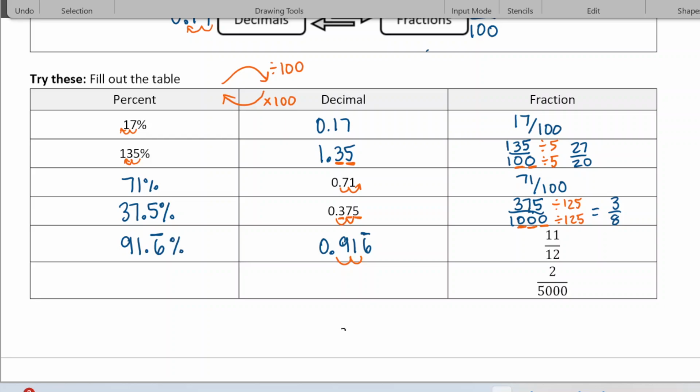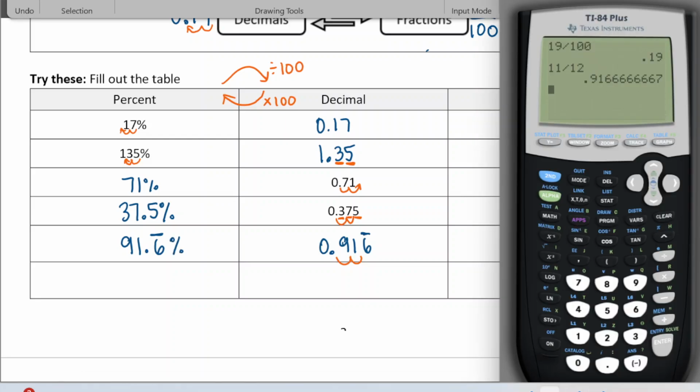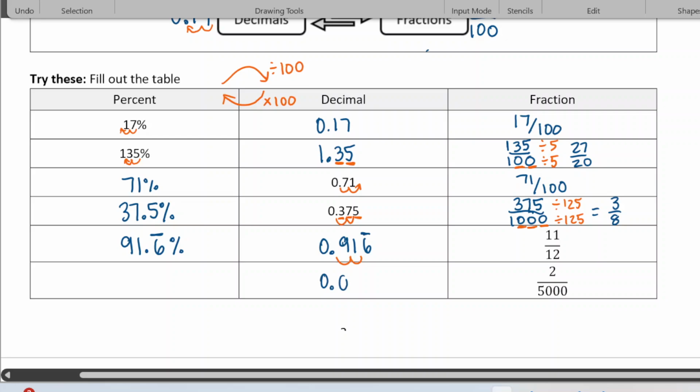Okay, let's do 2 out of 5,000. Again, we're going to just use the calculator here. Calculators work in decimal numbers. Oh, my calculator is in a scientific mode. Let me see if I can change that. Okay, so hopefully your calculator is not in this mode, but it's 0.0004.